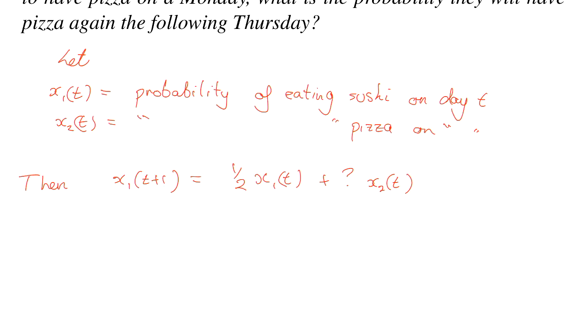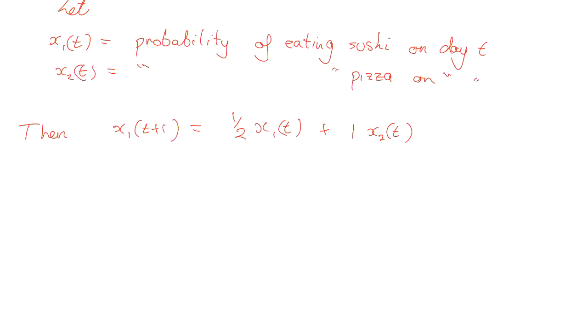So this is a 1. So this is the probability of eating sushi on day t+1 in terms of the probabilities of what I was doing on day t. So we've got this recursive structure. We understand what's happening at time t+1 in terms of what was happening at time t.